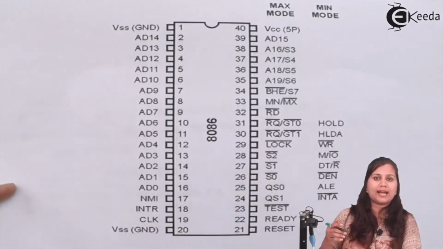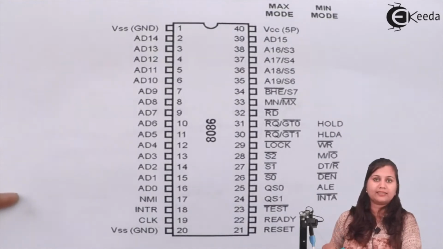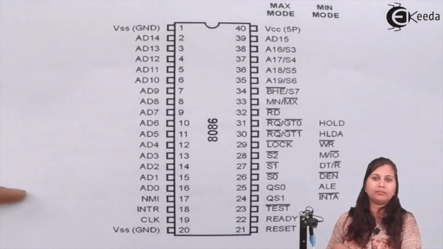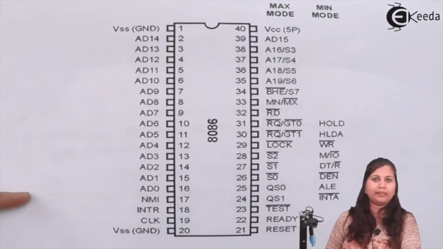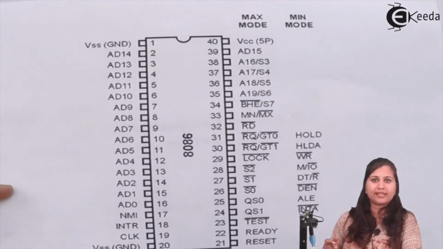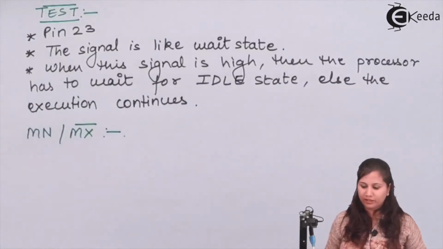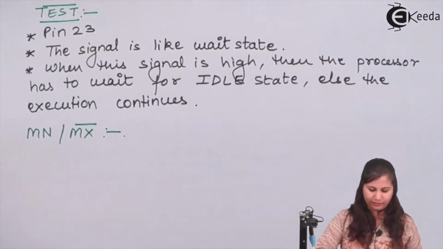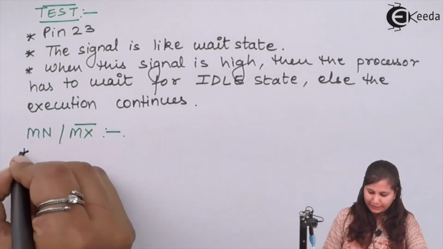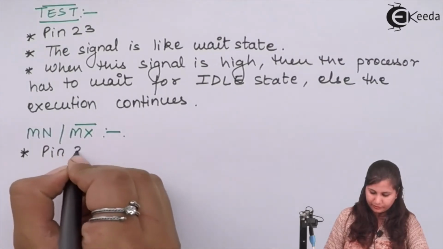Minimum mode means that the processor is in the single processor configuration, and maximum mode means the processor is operating in the multi-processor configuration, meaning there are several processors which are connected with each other. So it is available at pin number 33.